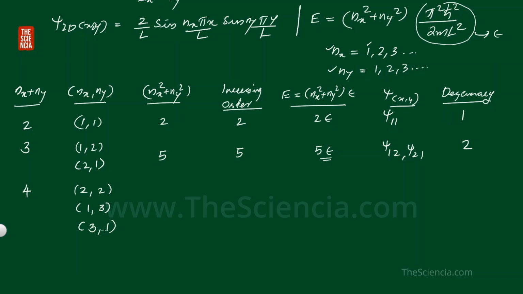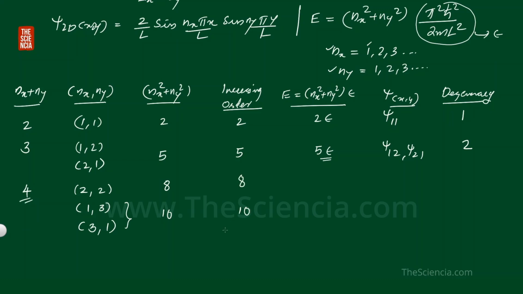Now we calculate nx square plus ny square for the first state: 2 square plus 2 square, that is 4 plus 4, 8. For the other two cases, 1 square plus 3 square, that is 10. So the increasing order is 8, 10.